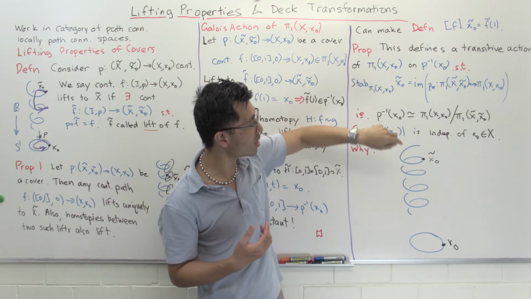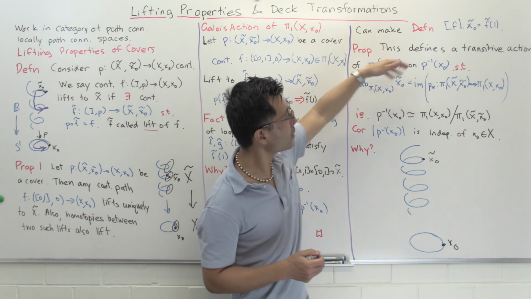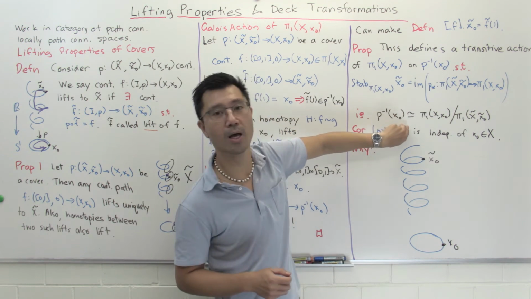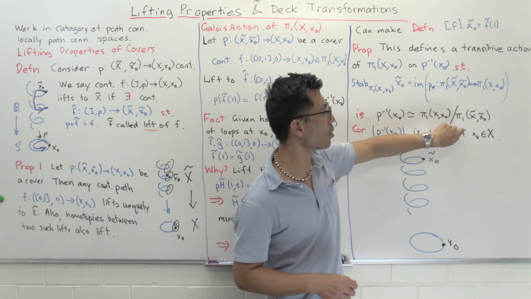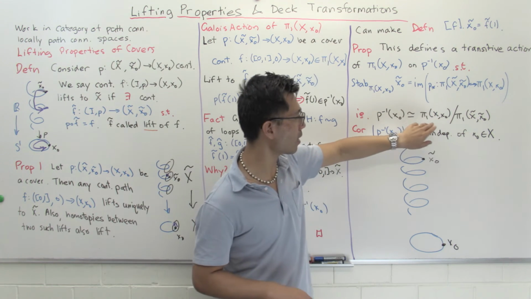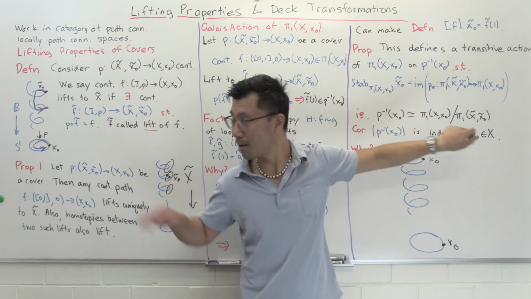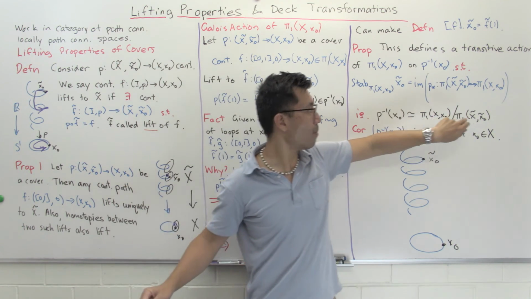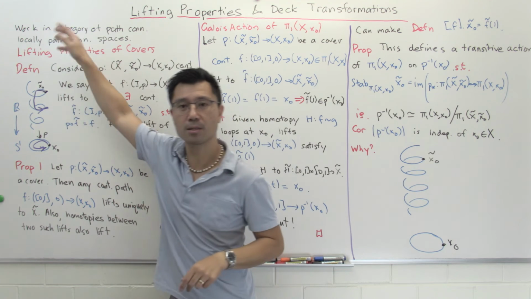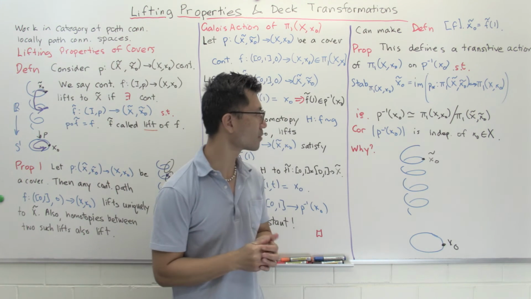So in particular, what it's going to tell you is that, of course, the orbit, which is the whole of p inverse of x0, is just the fundamental group modulo the stabiliser. So it's basically pi1 downstairs modulo pi1 upstairs, because pi1 upstairs will map down like that.